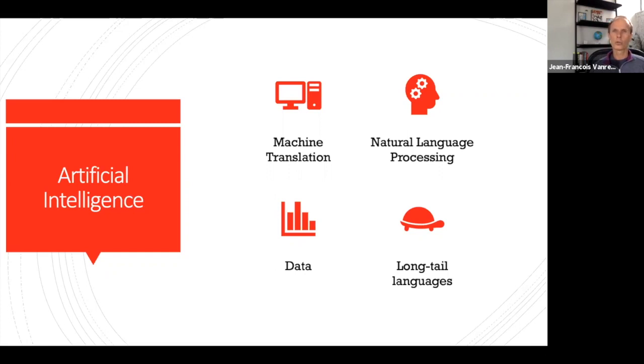Machine translation is also great for user-generated content. Honestly, machine translation quality has increased over the last few years with the arrival of neural machine translation and neural networks. With this, a lot of products now also have natural language processing embedded in them.